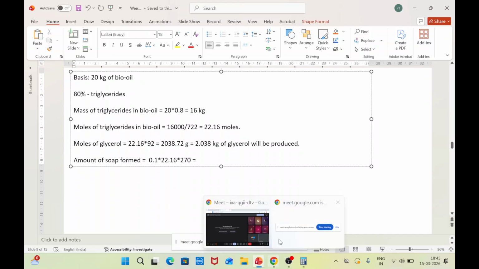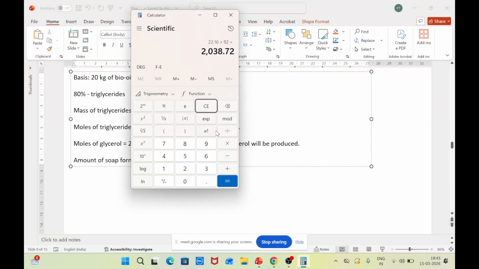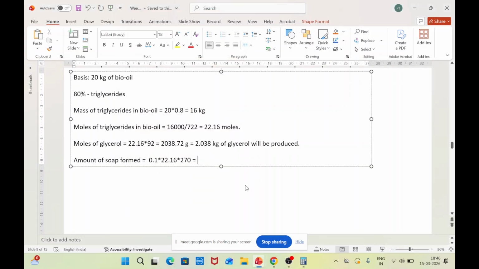Which will be nothing but 0.1 times 270 times 22.16, 598.32 grams of soap is produced.